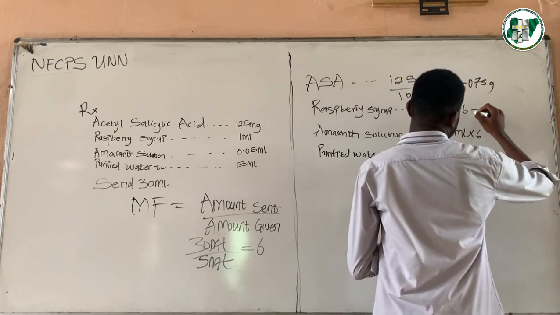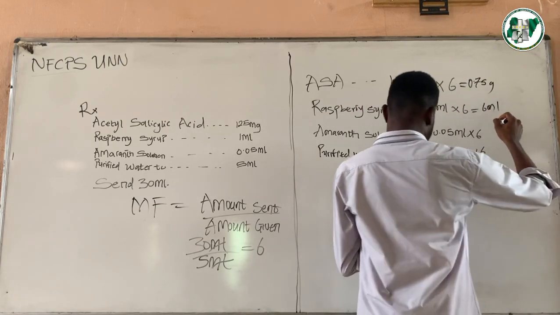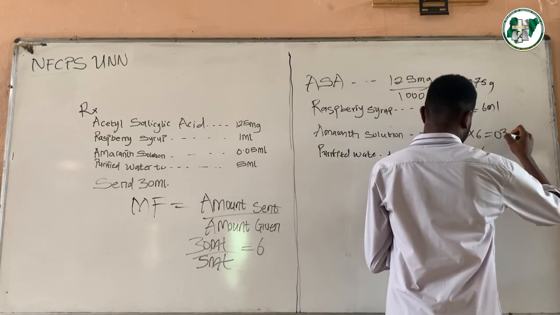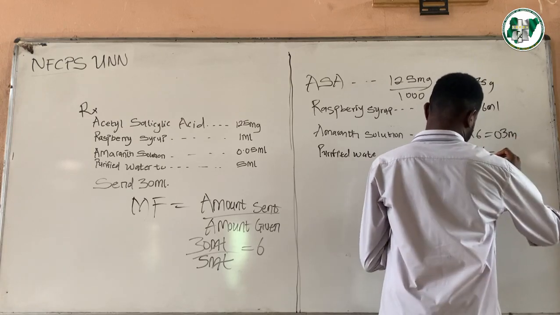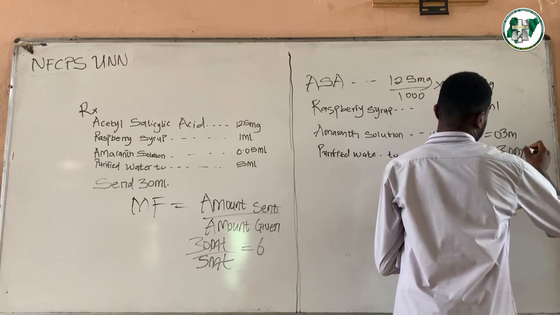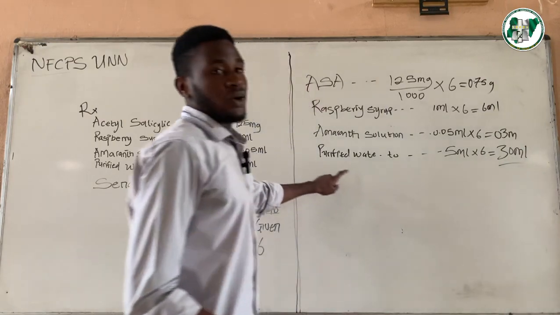And this is 6 ml. Then this is 0.3 ml. And this is 30 ml, right? Now, this is the formula we are going to be working with.